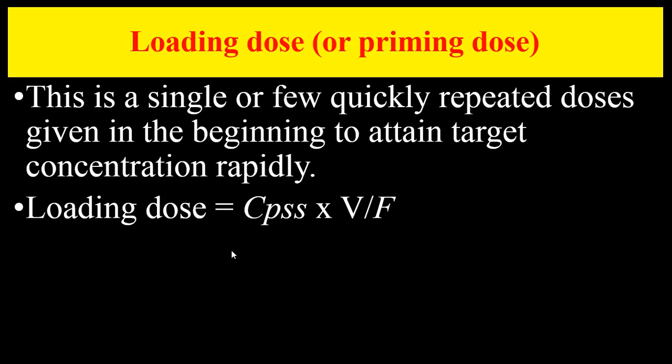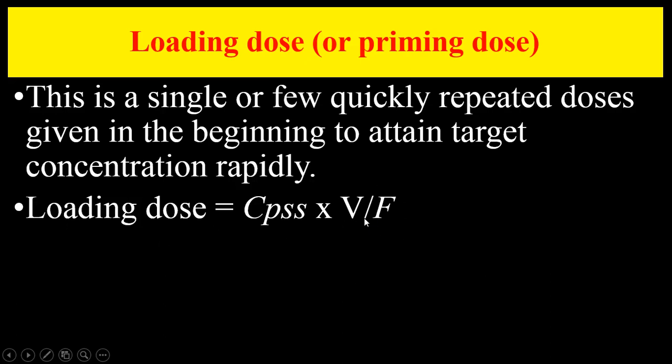We calculate it in the same way in which we did previously, where we placed some solute in a tank. But this time the loading dose will distribute in the volume of distribution. So we calculate the loading dose by the very same formula, in which CPSS is the steady state plasma concentration, and we divide this by F. F means the oral bioavailability, which is a fraction always less than 1.